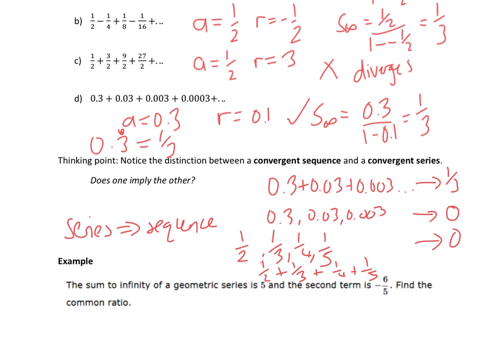Do you think that converges or not? Okay, and this in fact doesn't converge. This diverges. So it's one of these one-way implications. If the series converges, that implies the sequence converges. But if the sequence converges, it doesn't mean the series will converge.